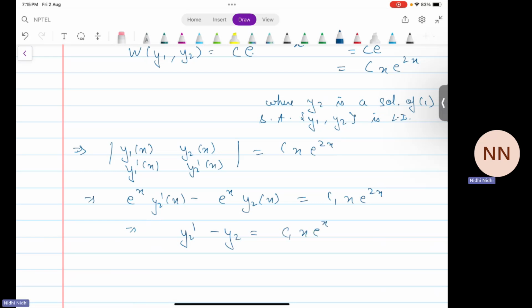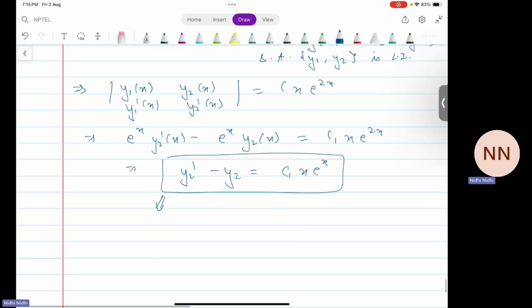Now this is again a differential equation, but of first order. We can solve a first order differential equation of this form. This is dy2/dx minus y2 equal to c1 x e to the power x. This is a linear differential equation.